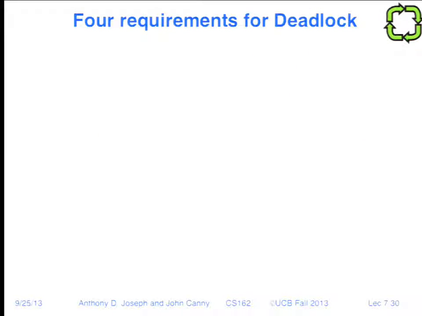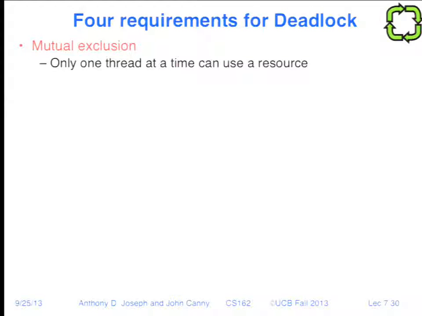All right, so those examples give us some of the elements of deadlock. Let's try to define them more precisely. The first requirement is that there's some kind of mutual exclusion in operation. The resources are such that only one of the processes can use them at a given time.